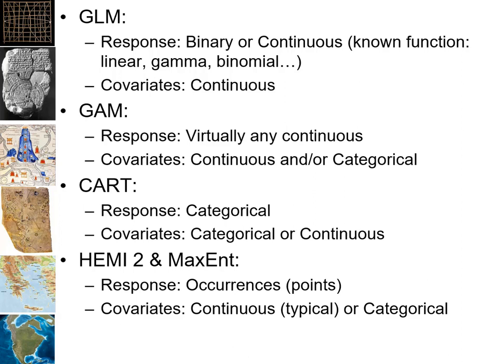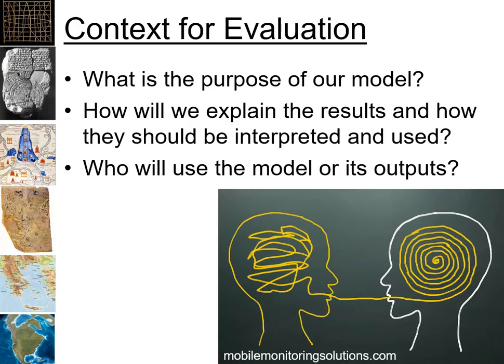I don't really recommend them for regression. They can do continuous response, but I don't really recommend it. We'll talk about why in a little bit. And then your covariates can be categorical or continuous. HEMI2 and Maxent, the response has to be occurrence, just points where something occurs, which is kind of strange. But it works, and you can either have continuous or categorical covariates with that.